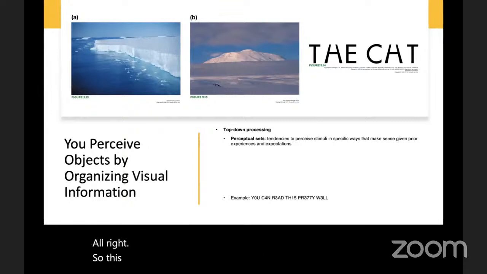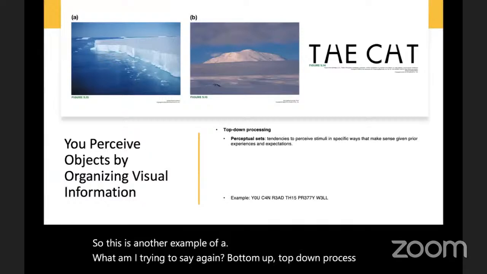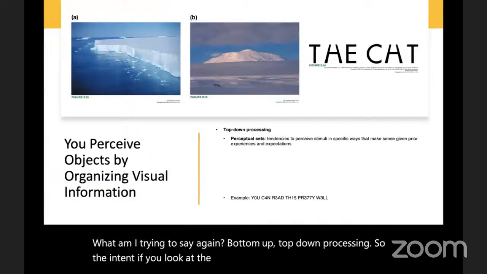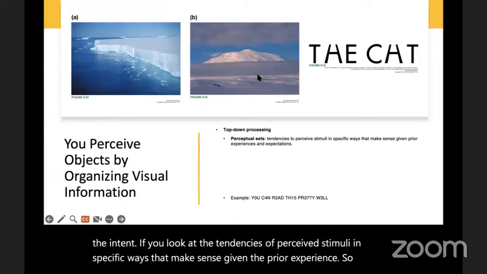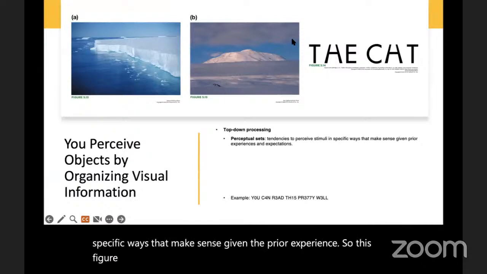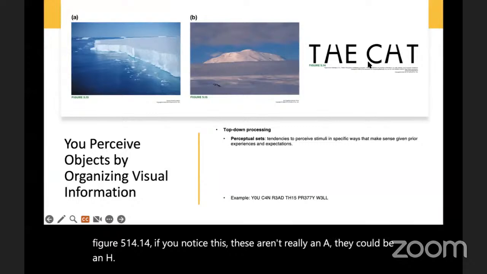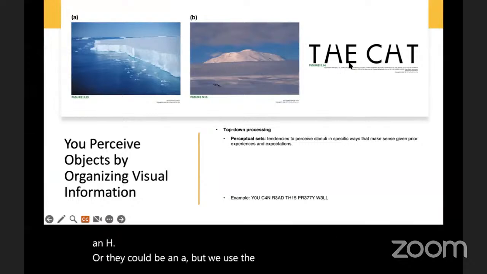So this is another example of what I'm trying to say, again, bottom-up, top-down processing. If you look at the tendencies to perceive stimuli in specific ways that make sense given prior experience, this figure 5.14, if you notice these aren't really an A, they could be an H or they could be an A, but we use the information around us.